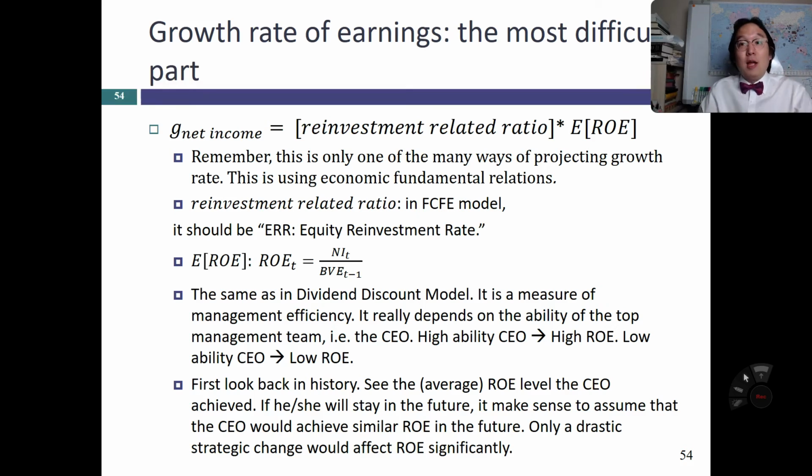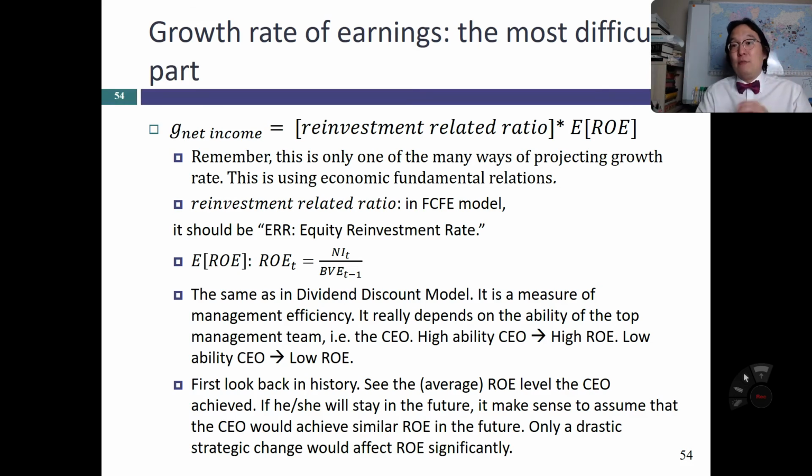For that part, you have to first look at the history. See the average ROE level the CEO achieved. This is my way of doing it, okay? It's more person specific. But the CEO, the top guy, the 회장님, has a significant impact on the management, right? It drives very drastically differently. Who you have as a top guy matters a lot.